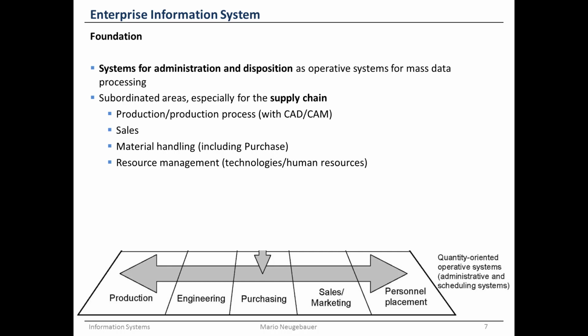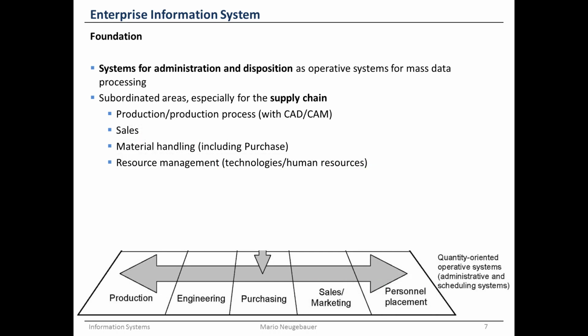That means the part of the information system which is important for you is situated in this lowest level. Or if you are in engineering, you might create a drawing for the product. This is really value creating, because you create the new product regarding the design. Then you are on this quantity oriented operative systems perspective, and the like in purchasing and sales, personnel, and so on.